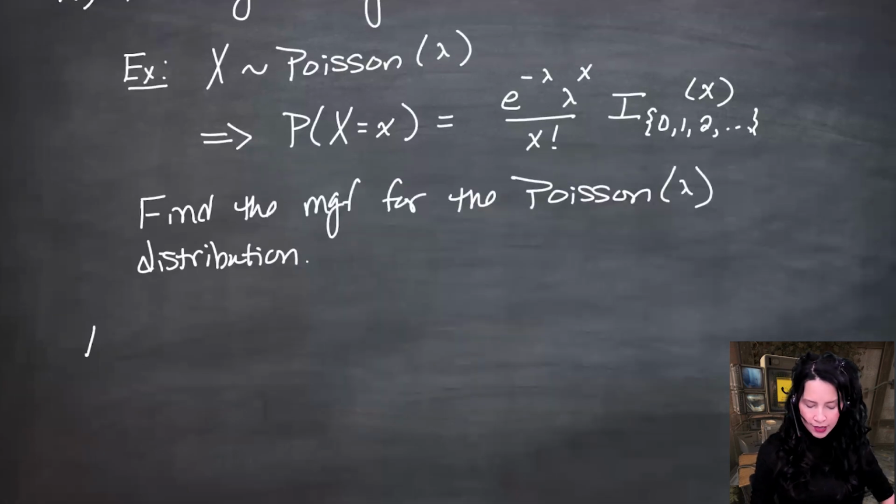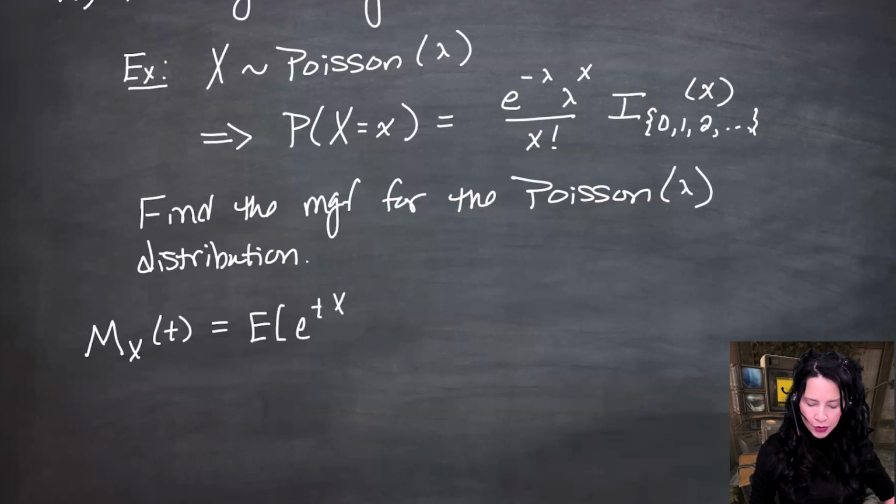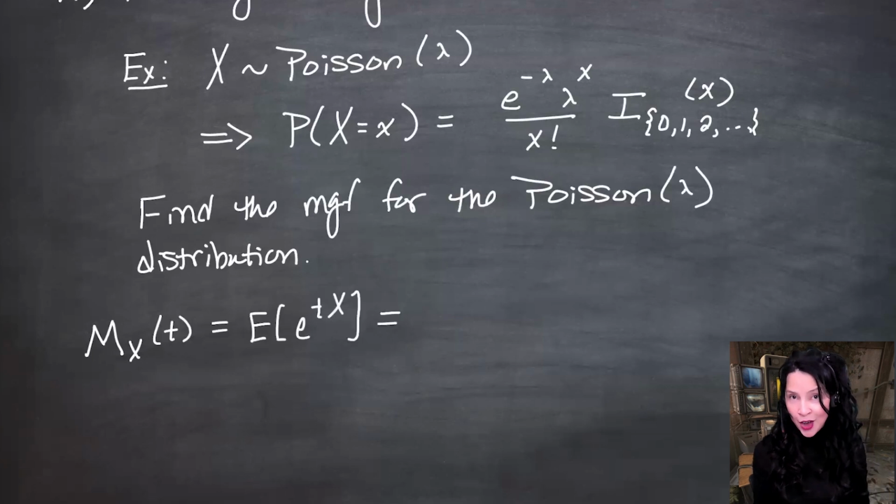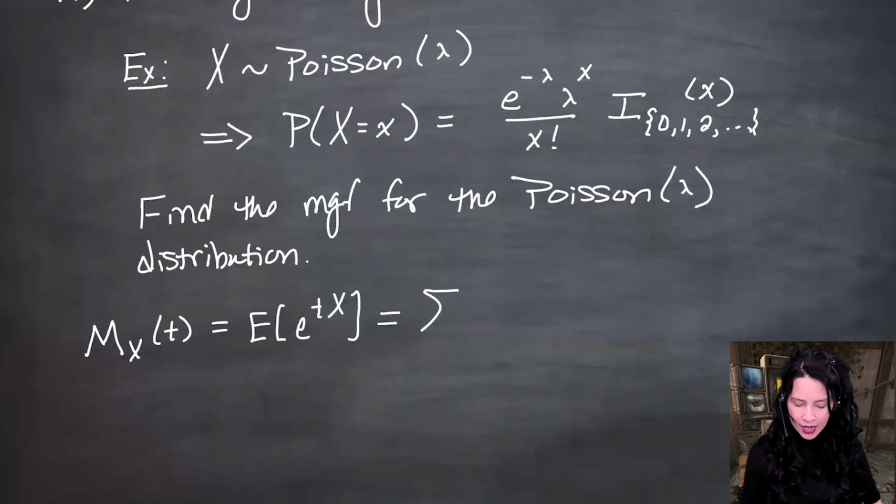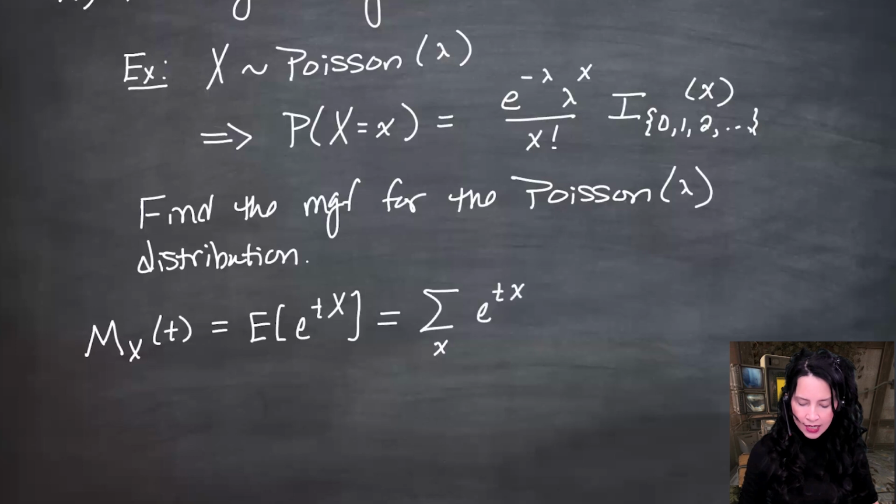So I'm just going to start writing this out. The moment generating function as a function of some t is defined to be the expected value of e to the t capital X. And by the law of the unconscious statistician, I am just going to sum over all x, e to the t little x, times, for this discrete case, the probability that X equals little x.